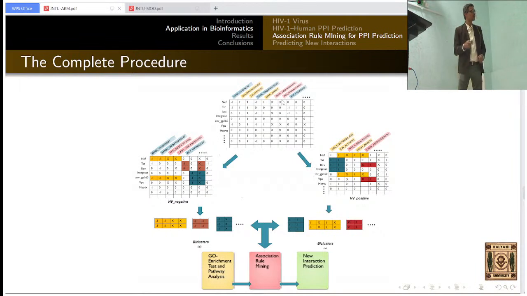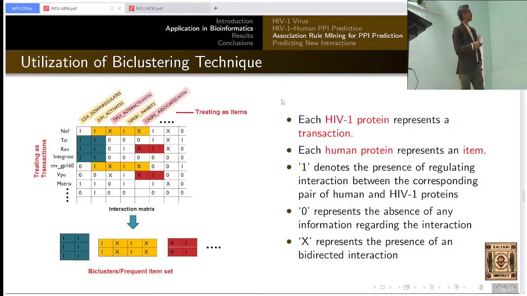Then we extracted the biclusters from them using the BiMax algorithm. Extracting the biclusters means we extracted the closed frequent item sets, and from those we finally get the association rules. Just for example, you see that, like this.